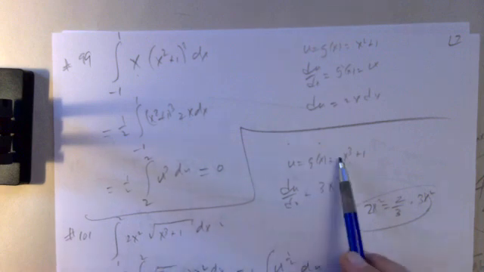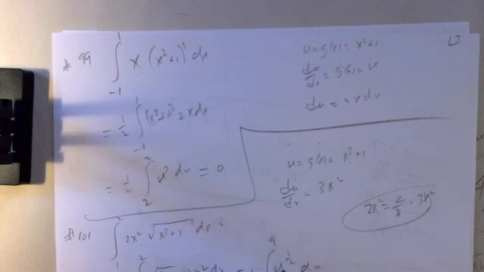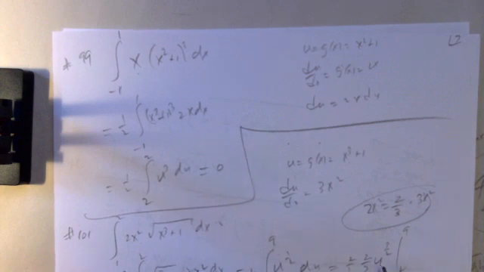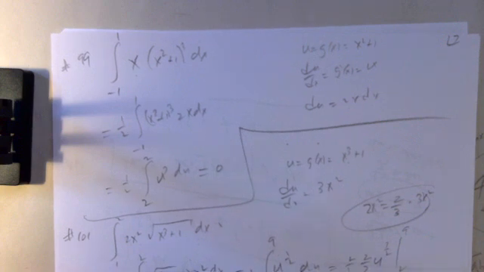And when x is 2, u is 8 plus 1, which is 9. And the integral of u to the 1/2 is 2/3 u to the 3/2, evaluated from 2 to 9. So that's 4/9 times 9 to the 3/2, where 9 to the 1/2 is 3. This is 27 minus 2 to the 3/2.